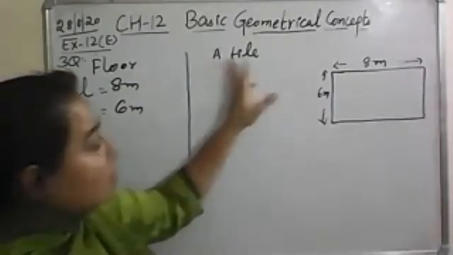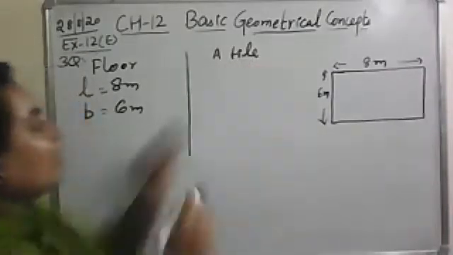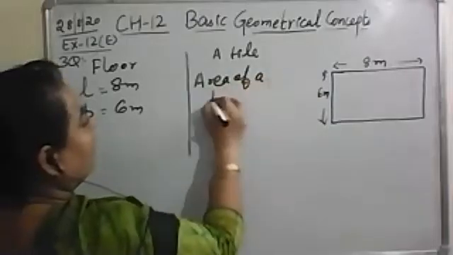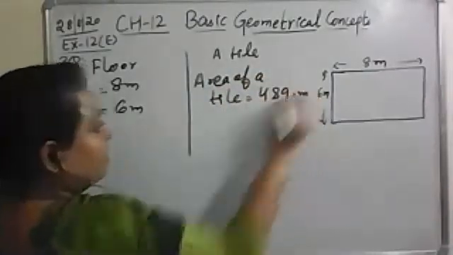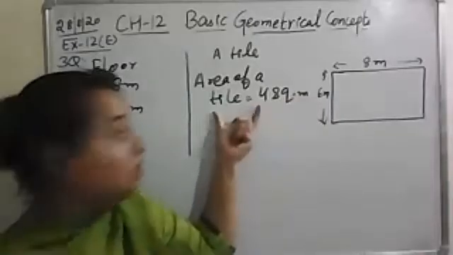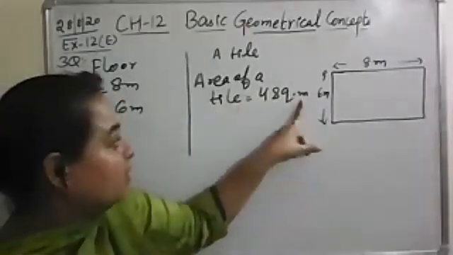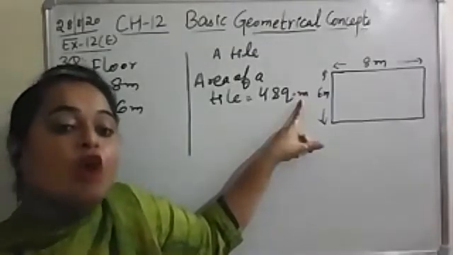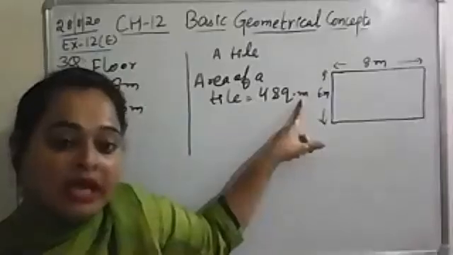Now the area of a tile is given as 4 square meter. This is given in your book. Square meter is the unit used for area. It means this question is based on area.